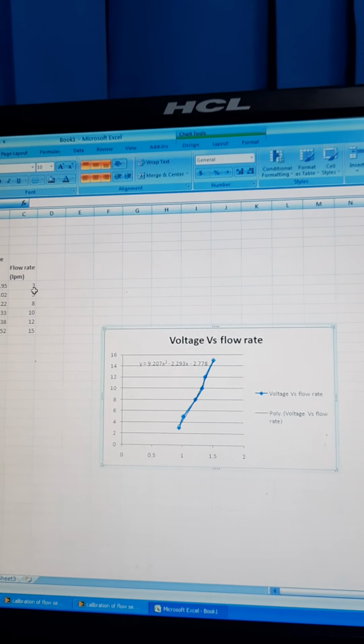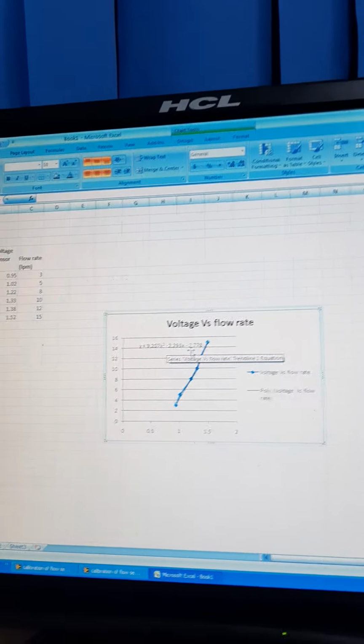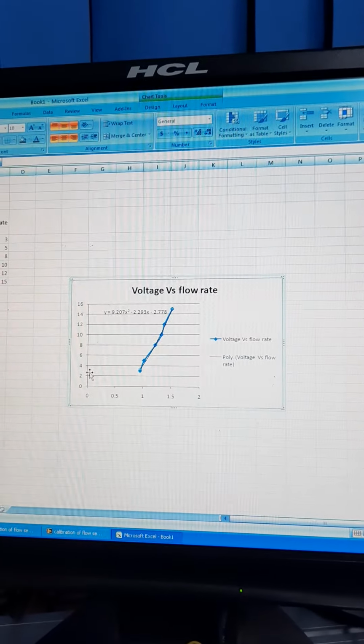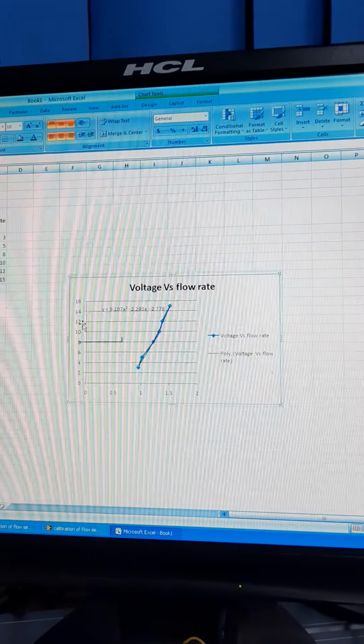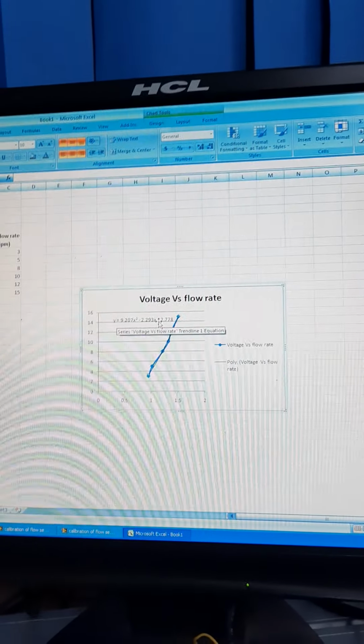That is the flow rate. So this equation relates the voltage generated by the mass flow sensor and the corresponding mass flow rate which is flowing through the sensor. This equation we are going to use for the purpose of interfacing.